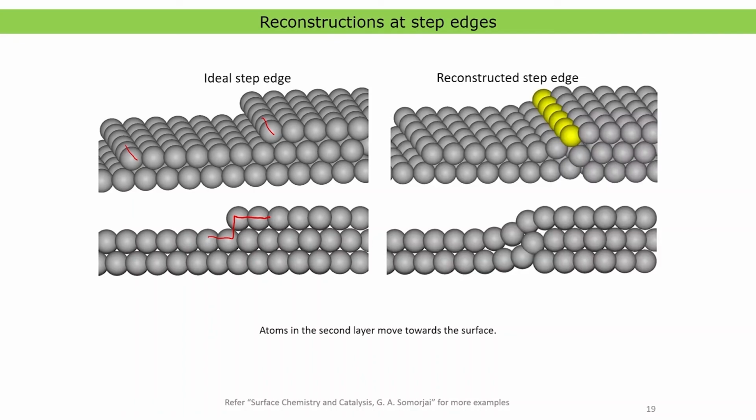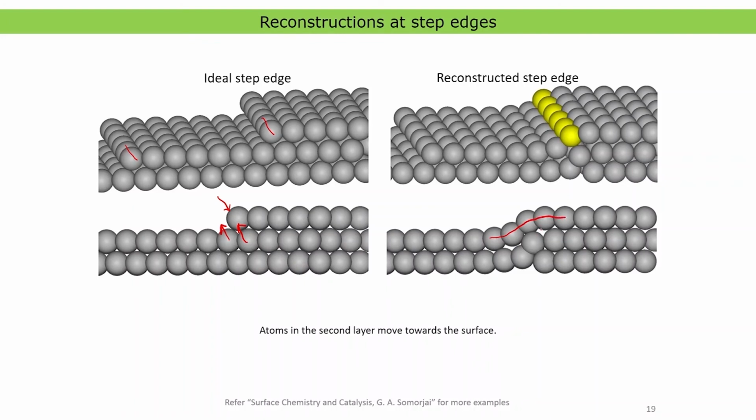So what happens is simple: the corner or step edge atom moves inward, and the atoms just below it move outward. Similarly, this atom also moves outward. As an effect, there is a rearrangement of the atoms, and a smooth transition happens at the step edges.